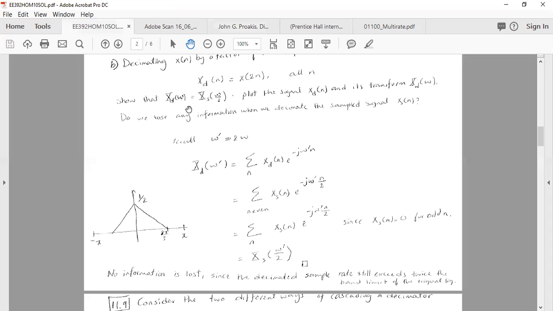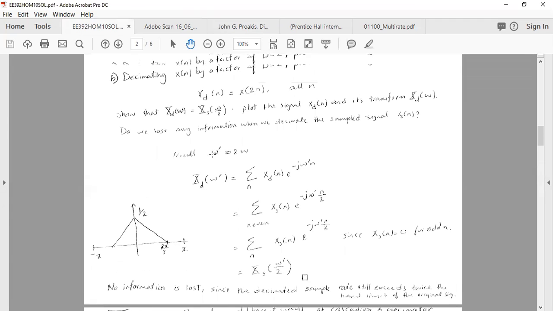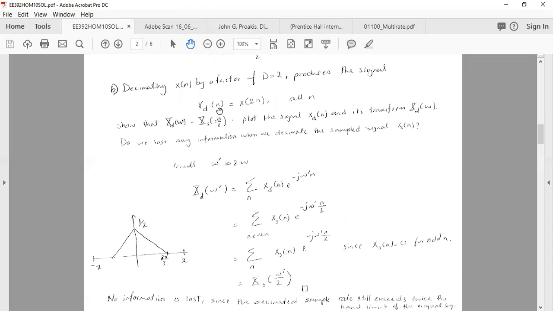We just need to show that the frequency response of the decimated signal is equal to the frequency response of x_s, where omega is divided by 2, right? In this particular case, the decimated signal x_d[n] is equal to x_s[2n], isn't it?